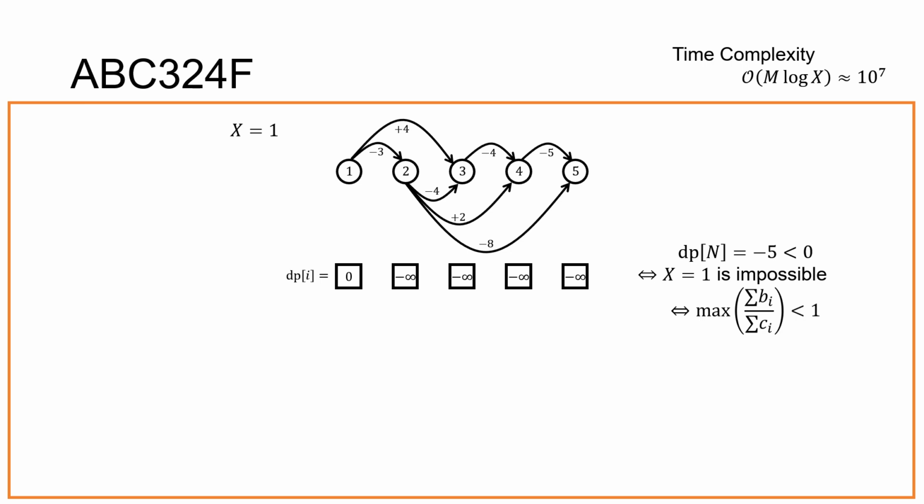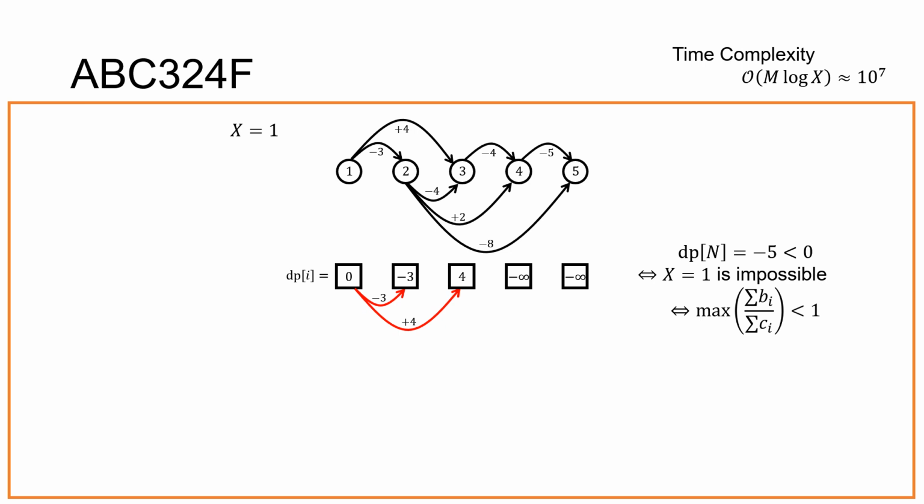I'll show you how the transitions will proceed. We initialize dp of 1 as 0, but the others as negative infinity. We first check the edges starting with v1 and record the maximal values.